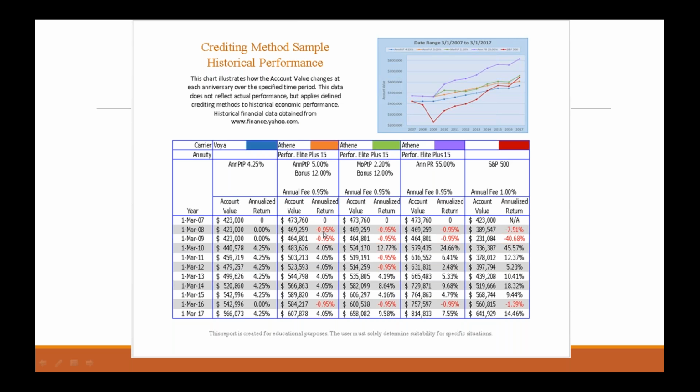And it even shows, like in the Athene product, you're going to pay that rider fee in the years where there's no crediting. So it shows that comes out. But it also shows over the long run, it doesn't matter, because it's so much more powerful as a crediting method than the other three are. Your obvious choice here is the annual participation rate, 55% strategy, which is great.